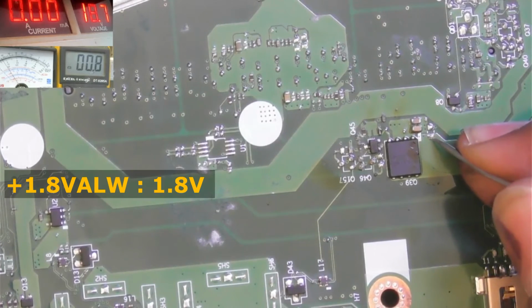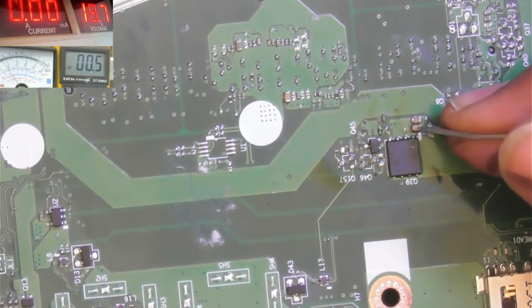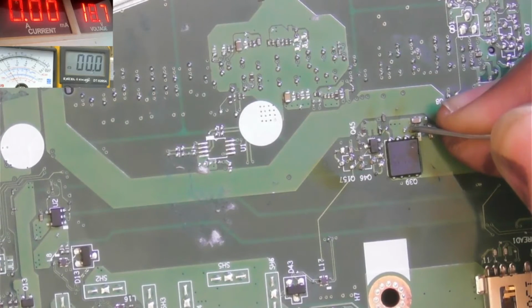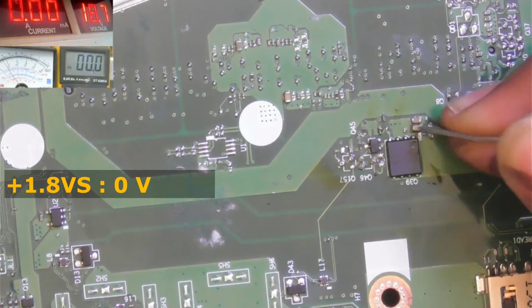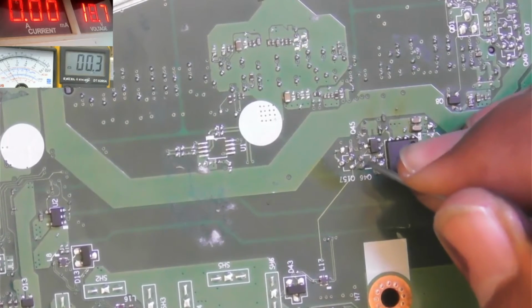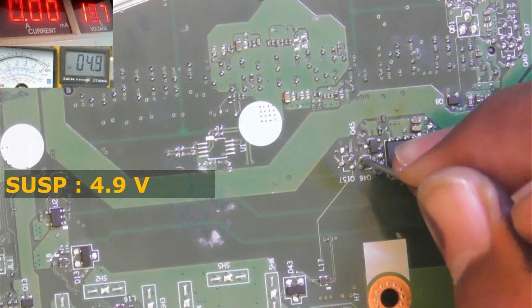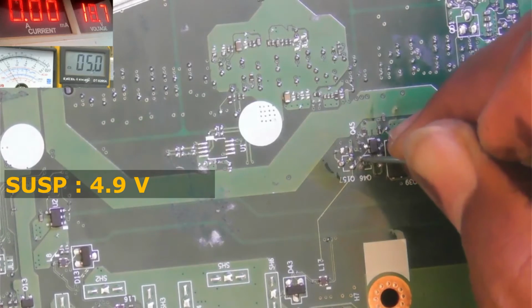This is 1.8 ALW, and this is the point of the 1.8 volt output of this MOSFET. And this is the SUSP, 4.9, but 5 volt, right?